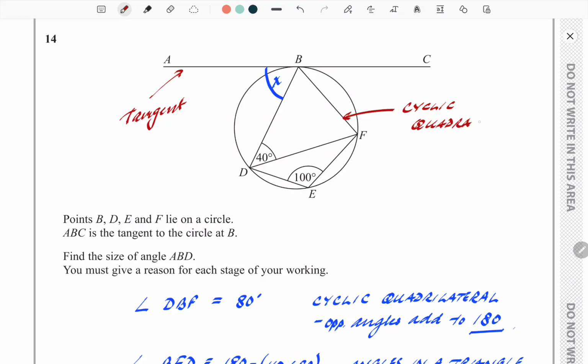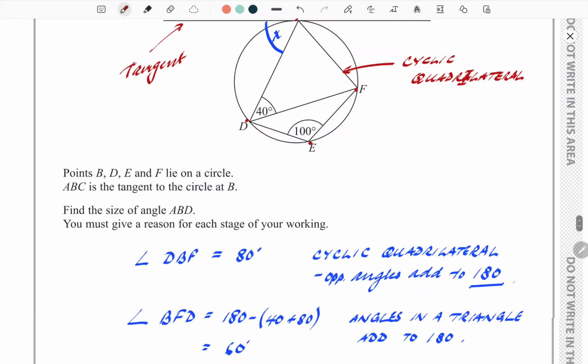That means all four corners are on the circumference of the circle. So there, there, there, and there. And they want you to find what I've labeled as X, angle ABD.